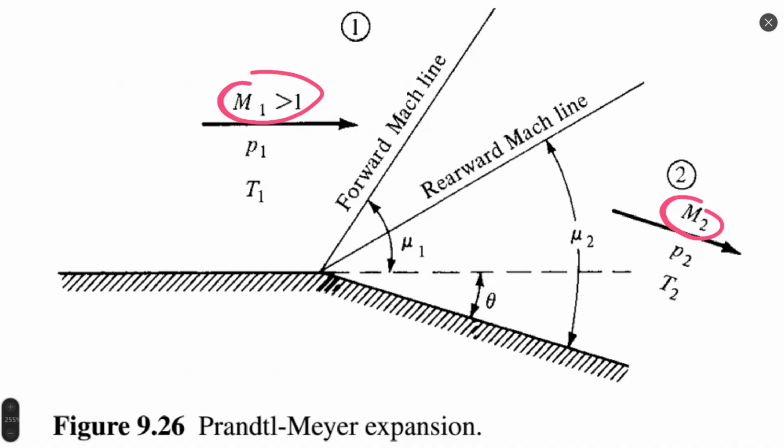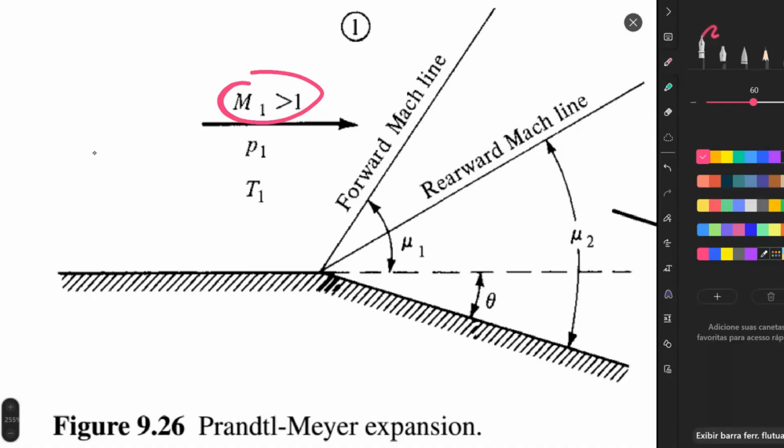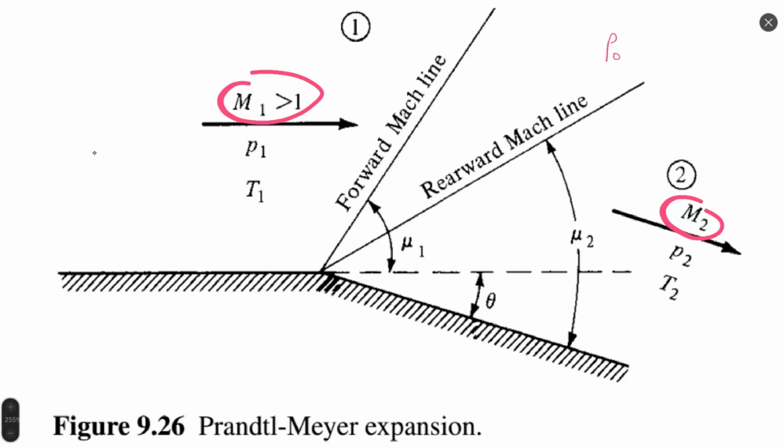So along process of expansion, we have constant stagnation pressure of the flow. Okay, so P0 is constant, which simplifies a lot our calculations.